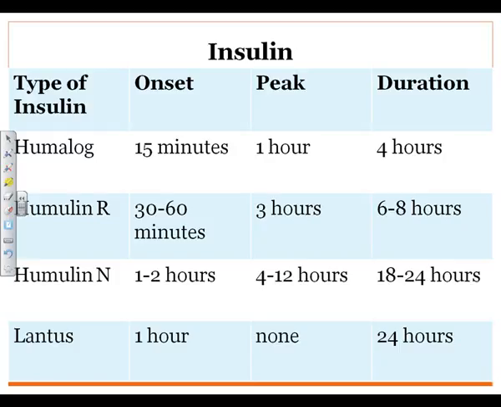At 12, because it peaks in an hour. If I gave it at 11, it peaks in an hour, that's going to be at 12. Okay? Alright, Humulin R, your regular insulin, starts to work in 30 to 60 minutes, peaks in about 3 hours, lasts for 6 to 8 hours.